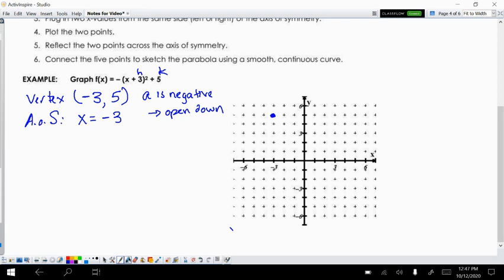So I'm going to go ahead and plug in negative 2 and negative 1. So when we plug in negative 2, we just need to remember PEMDAS. So we are going to square the 1 and then make it negative. So our point that we could graph would be negative 2, 4. And then I'm going to plug in negative 1.